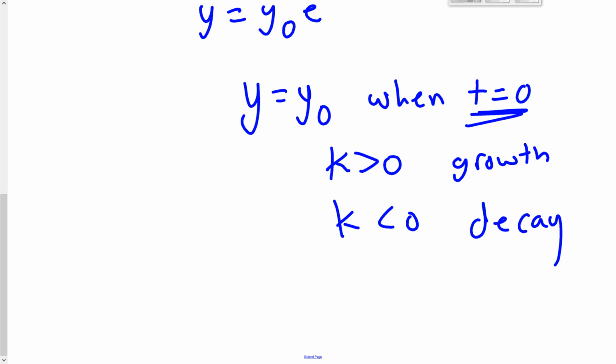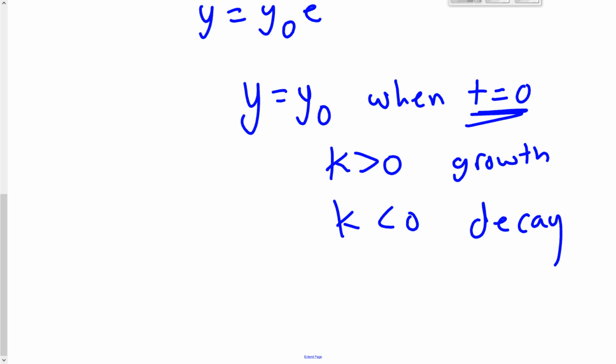A lot of it is just using this A PERT equation, or this exponential growth or decay function, and then finding out what your k is, what your t is, or what your initial amount is.